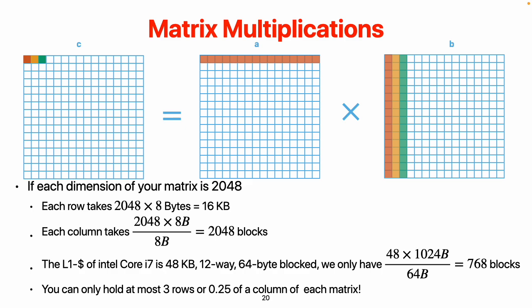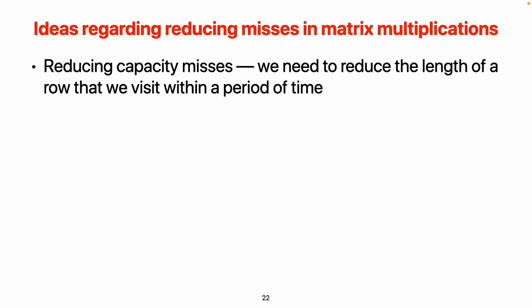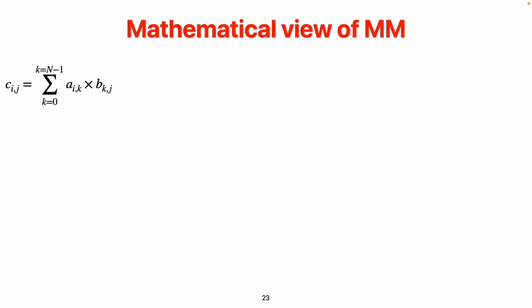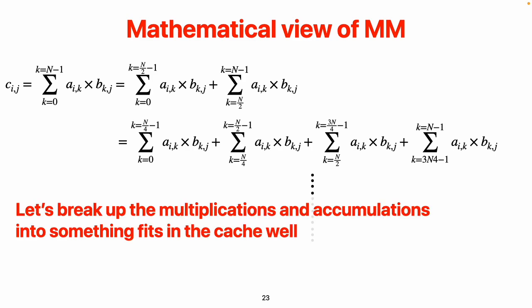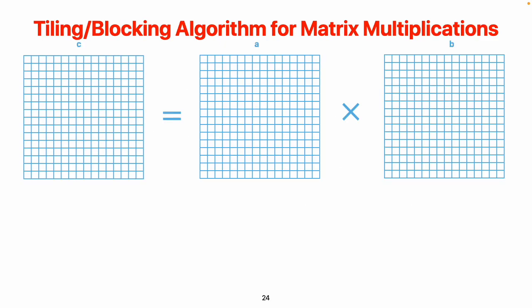The approach that we are thinking about is based on the mathematical observation that you can break up matrix multiplications into a lot of subsets of multiplications and accumulations. And if you structure them correctly, for example, instead of going all the way to the end, I can try to do this. I can accumulate the value of C00 with several runs.